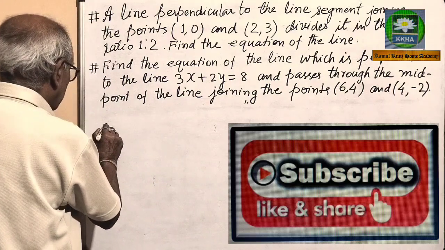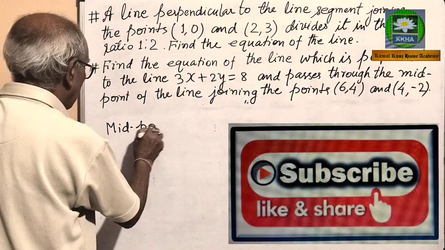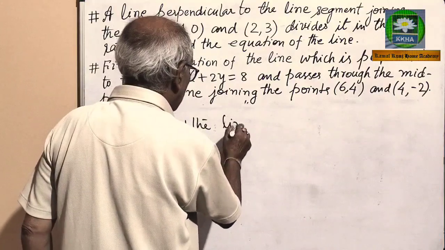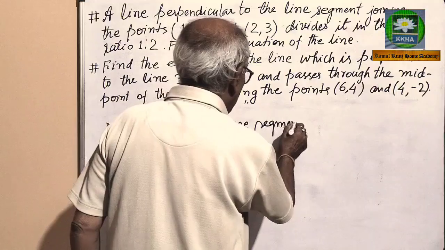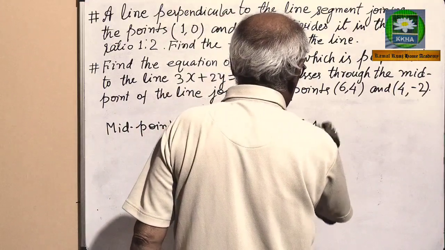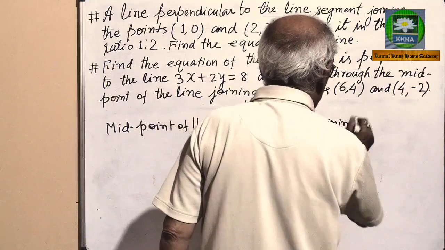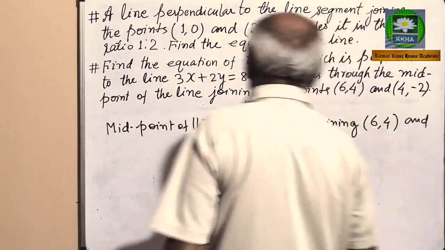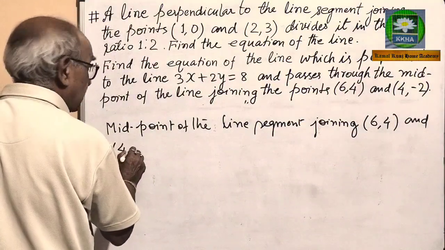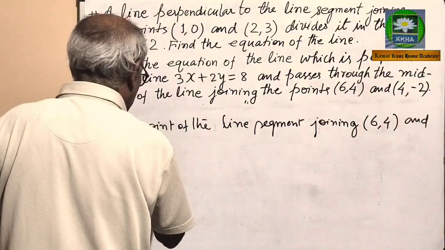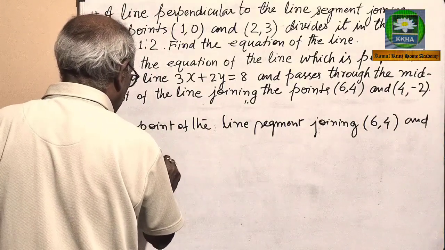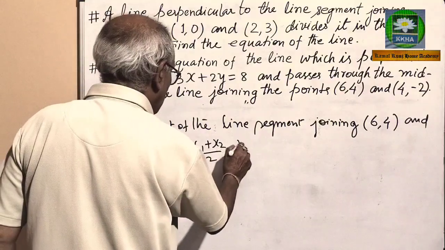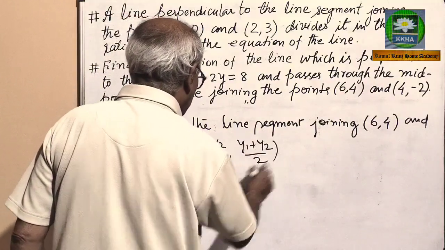So midpoint of the line segment joining 6, 4 and 4, -2 is (x1 + x2)/2 and (y1 + y2)/2.